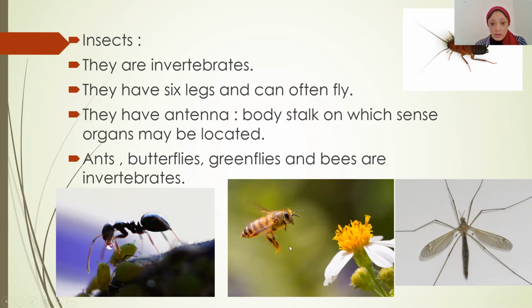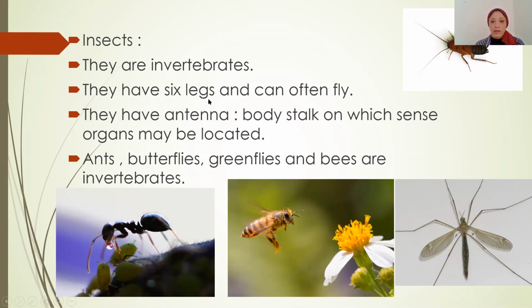So 3, and on the other side 3, it will be 6. For the ant, 1, 2, 3 on this side, and 1, 2, 3 on the other side: 6 legs. So it is an insect.